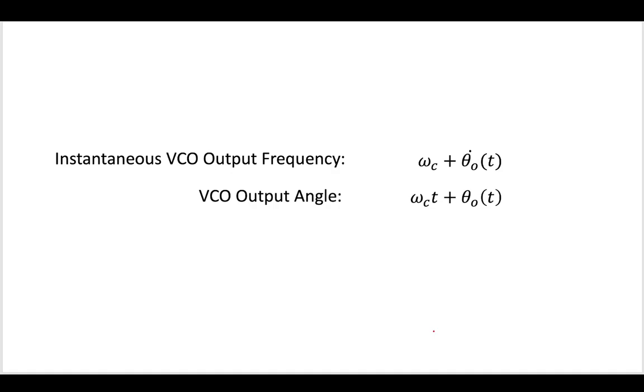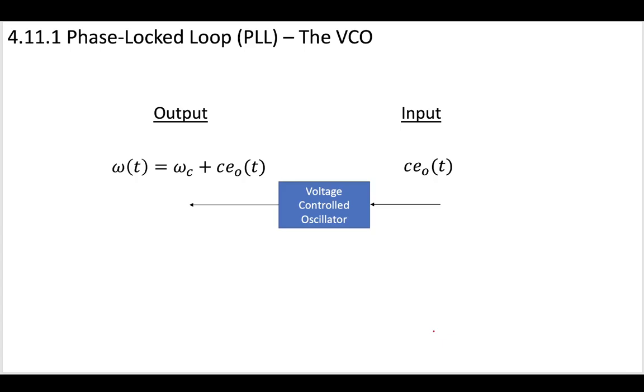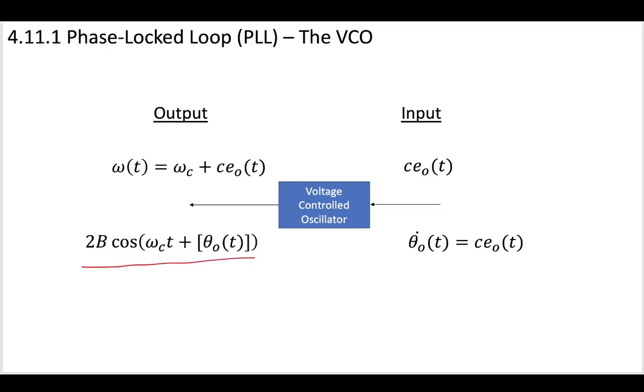So let's take a look at a block diagram to understand this better. You have some input signal, and that's E0, E output. And that's going in to the input of your VCO. Out comes an instantaneous frequency that is changing based on whatever the free running frequency of your VCO is. And then we could say that the output signal from that VCO is going to look like this.